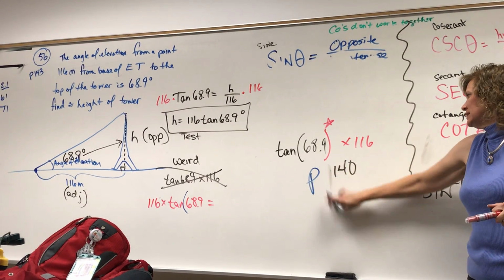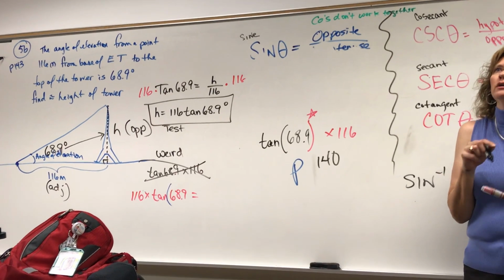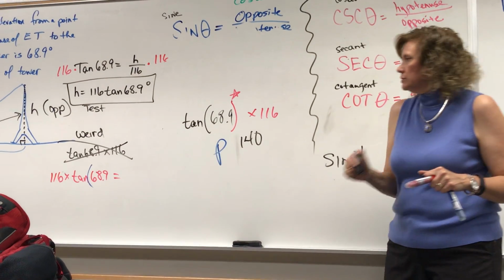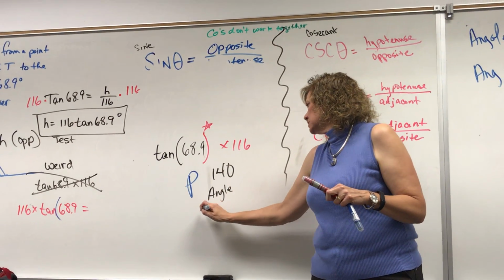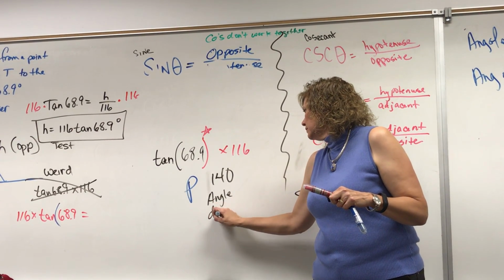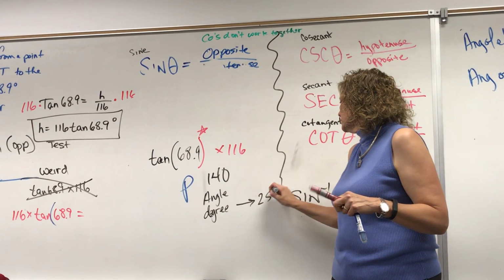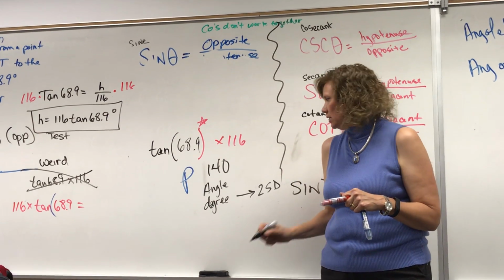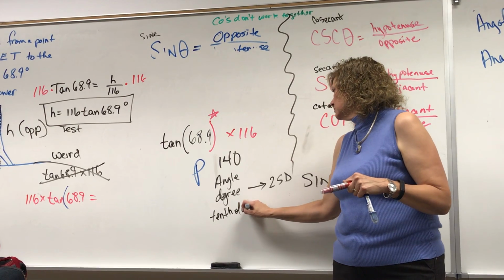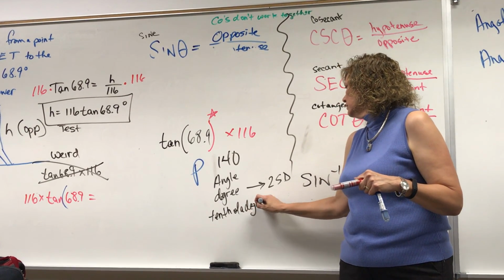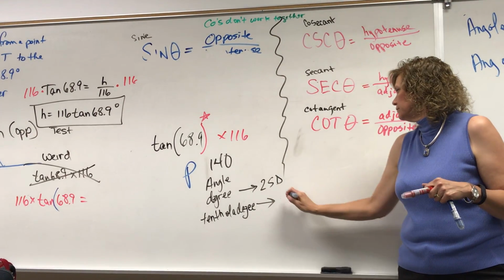And it says, and this is going to be important so that you do not get frustrated with the back of the book answers, when your angle is to the nearest degree, you're going to give your answer to 2 significant digits. When you have it to the tenth of a degree, you're going to give it to 3 significant digits.